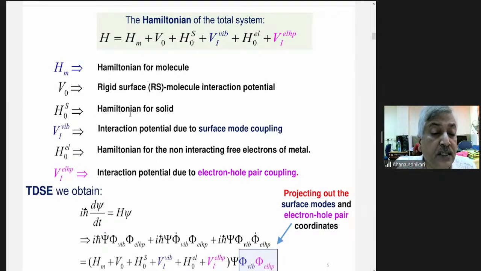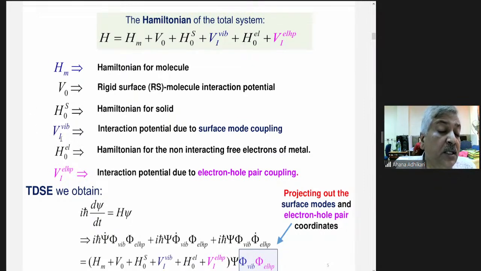And H0S is the Hamiltonian for solid, and that is the zeroth order Hamiltonian. You consider already they are at their fixed position. Now you consider that interaction due to surface mode coupling. That is the coupling you consider, where you allow the surface modes to basically vibrate around their equilibrium position.